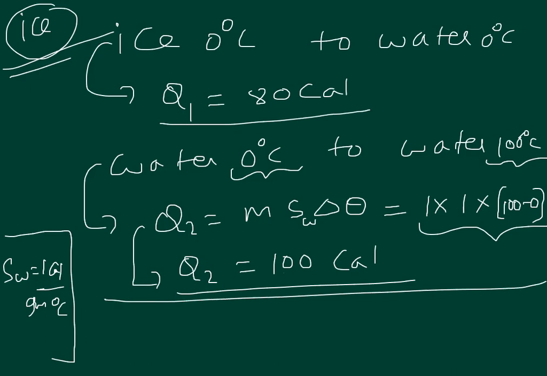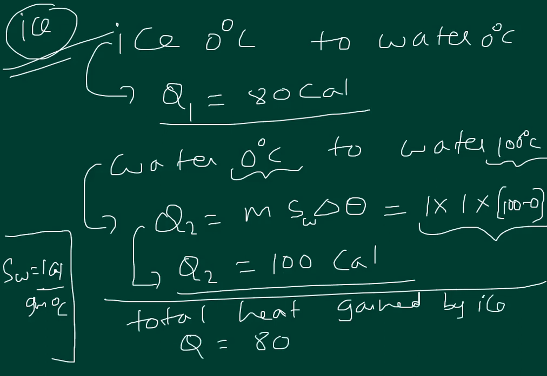So the total heat gained by ice is Q equals 80 plus 100, 180 calories. So by getting just 180 calories, it is reaching the equilibrium temperature.